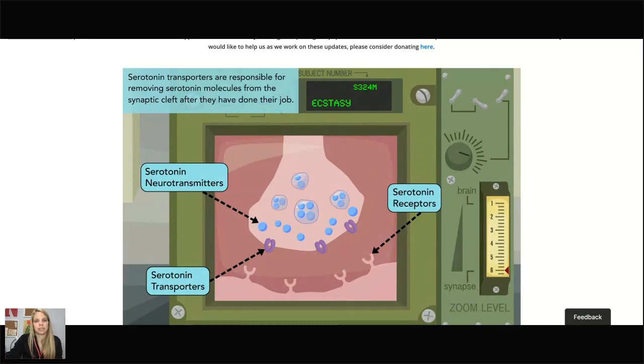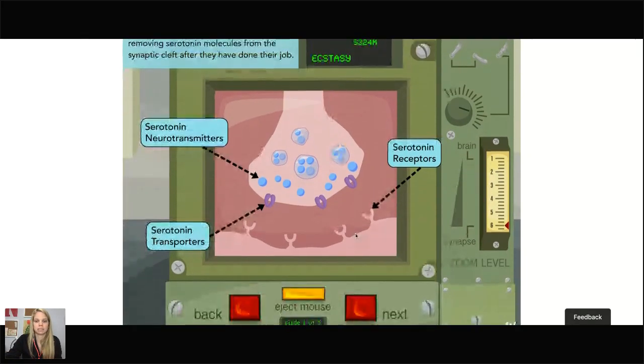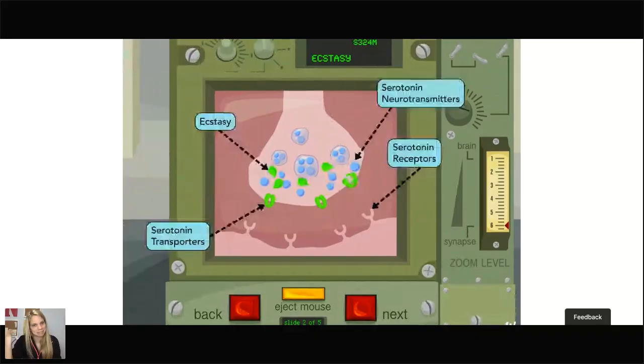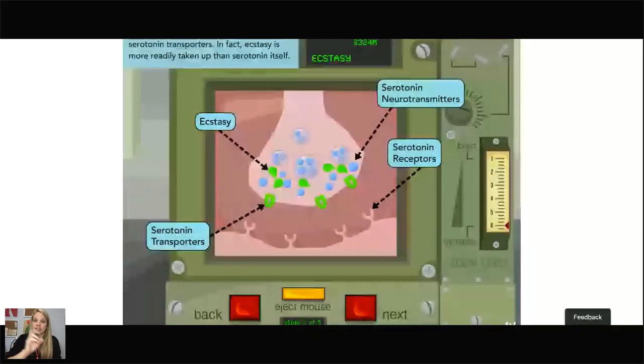So when you take, for example, ecstasy, in this example, the ecstasy mimics serotonin and is taken up by serotonin transporters. In fact, ecstasy is more readily taken up than serotonin itself. It's the same ligand shape.